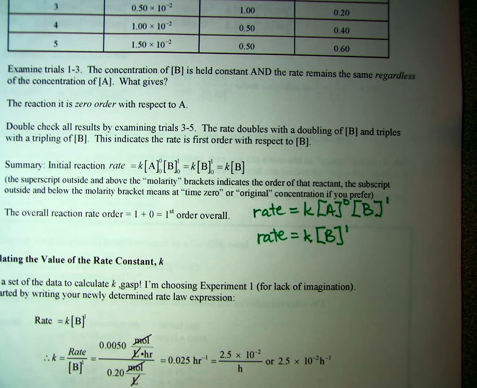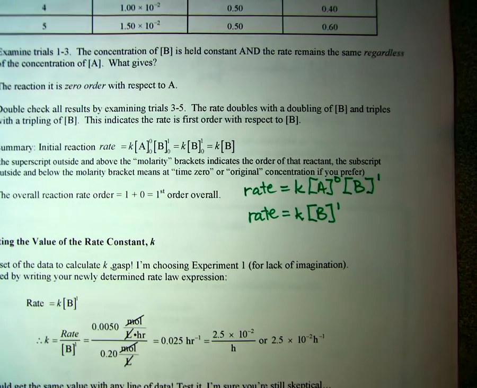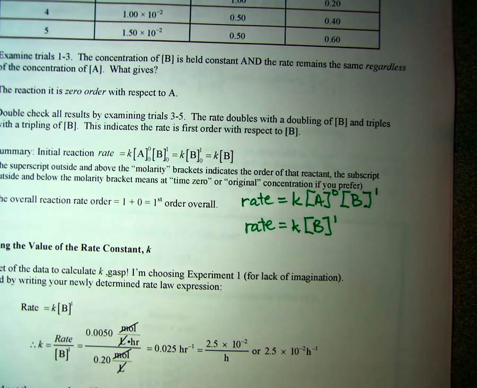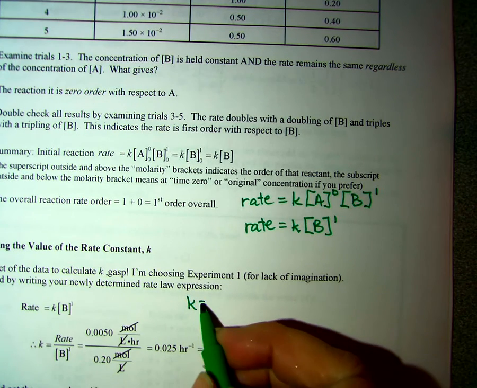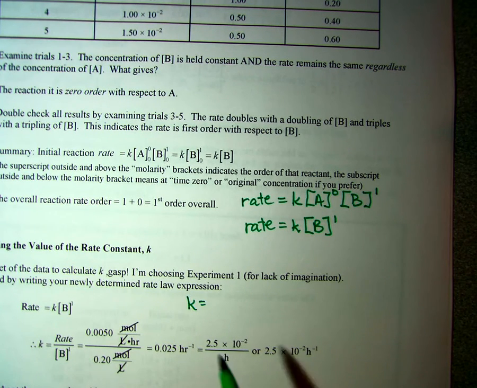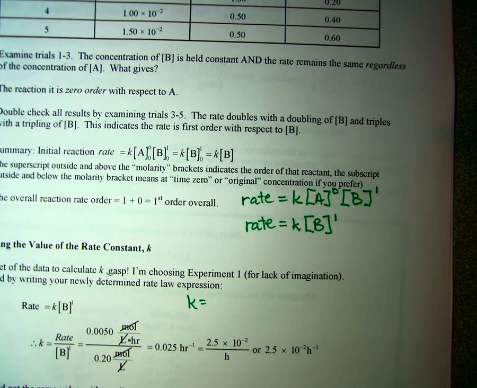So if you've got this reaction rate and you actually had real numbers to put in, and we can actually work those real numbers, that's what you're fixing to do right now. So right now, we just need to pick an experiment, it really doesn't matter, but I want us to solve for K, okay?